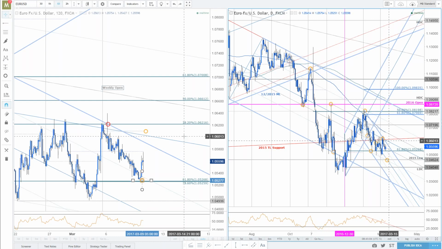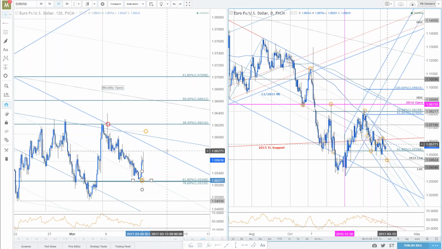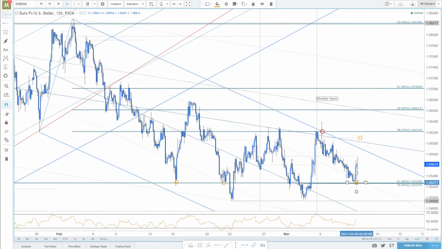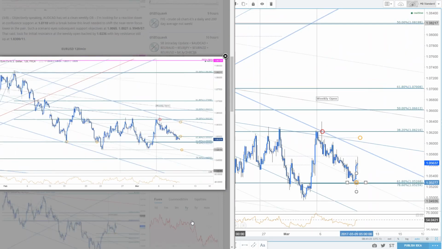So keep this level in mind for the euro dollar heading into ECB, into the close of the commentary from Mario. 105.76, 105.77, that monthly open, and then that key support that we highlighted last night at 105.26. Questions on the euro?